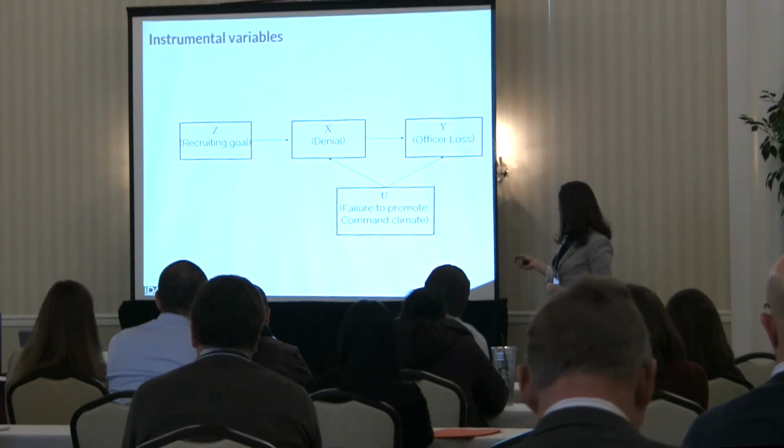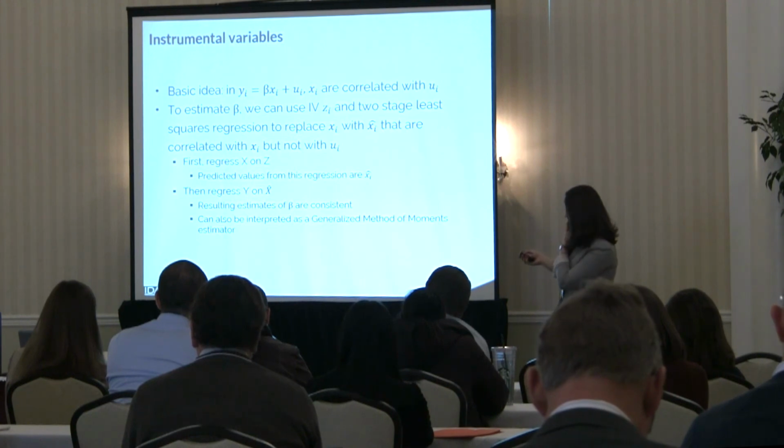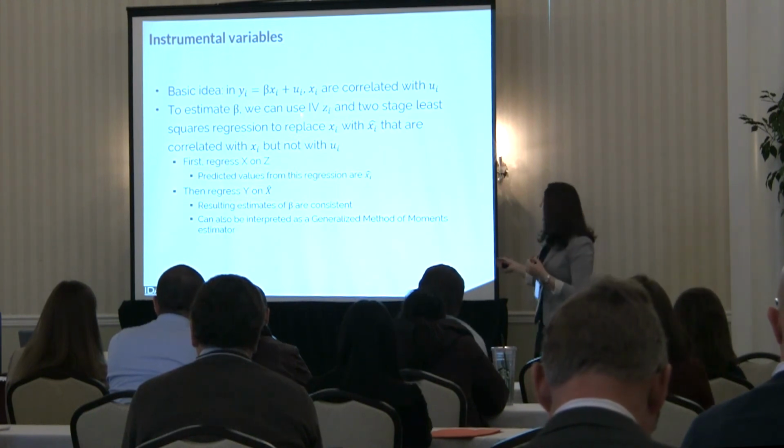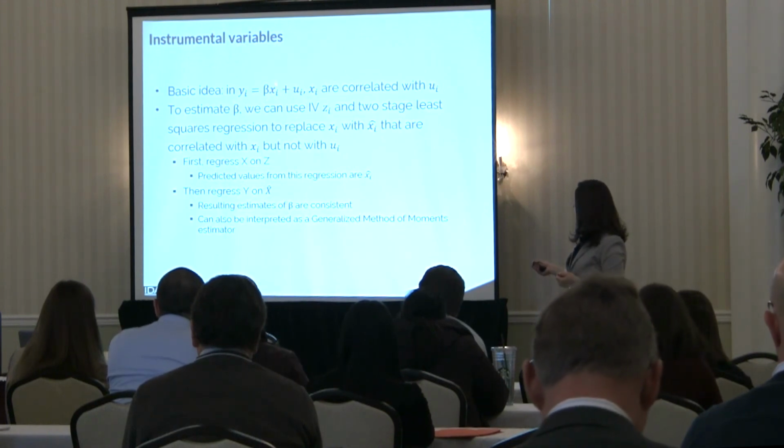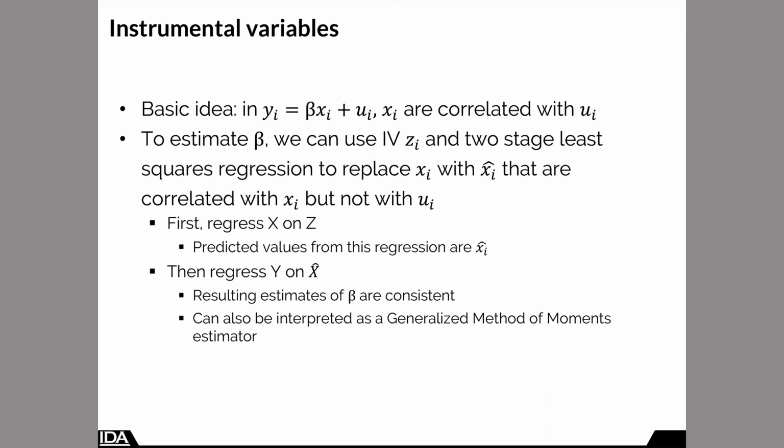So in our case, well, let me go through maybe this first, actually. So the basic idea is you have your outcome, and you have your treatment here. And the problem is, again, if you have an observational study, that this will be correlated with the error in a regression equation, right? Your treatment assignment is correlated with the error.